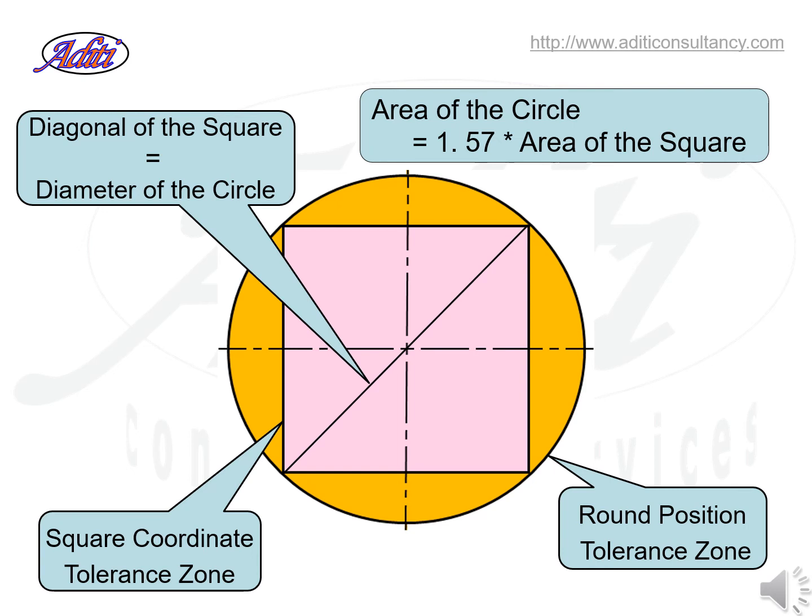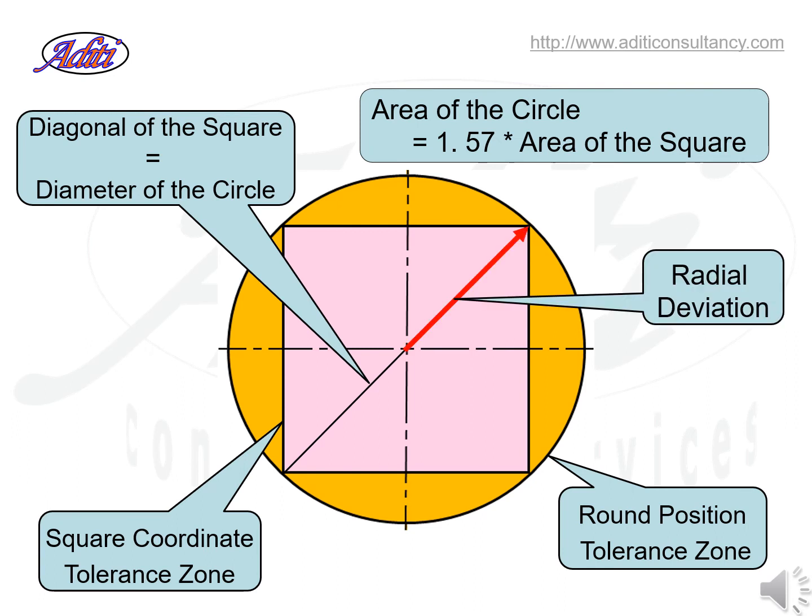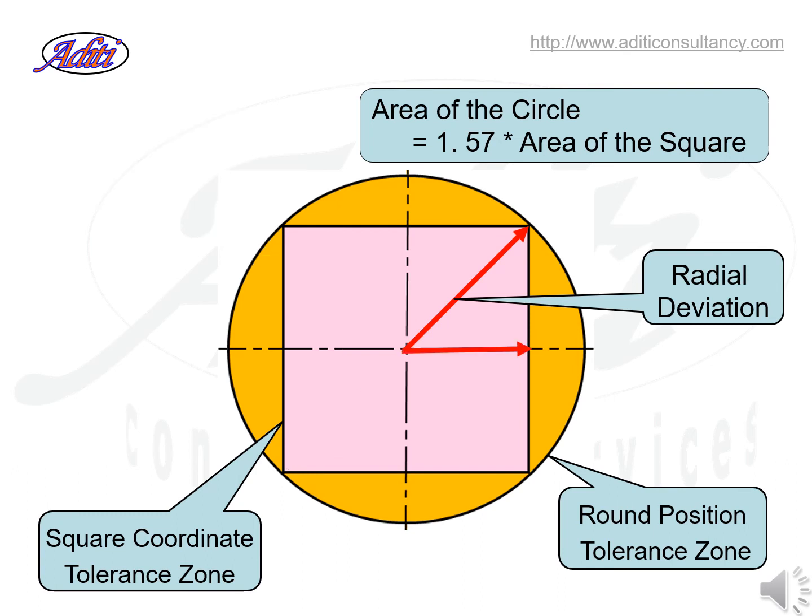In case of both the tolerance zone, the maximum radial deviation available is 0.14. But this maximum radial deviation of 0.14 is available only along the four corners in case of the square tolerance zone, and in other directions the available radial deviation will be lesser than 0.14.